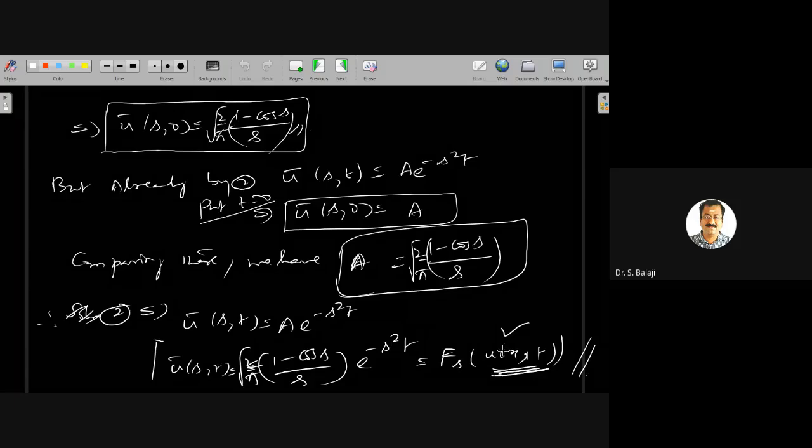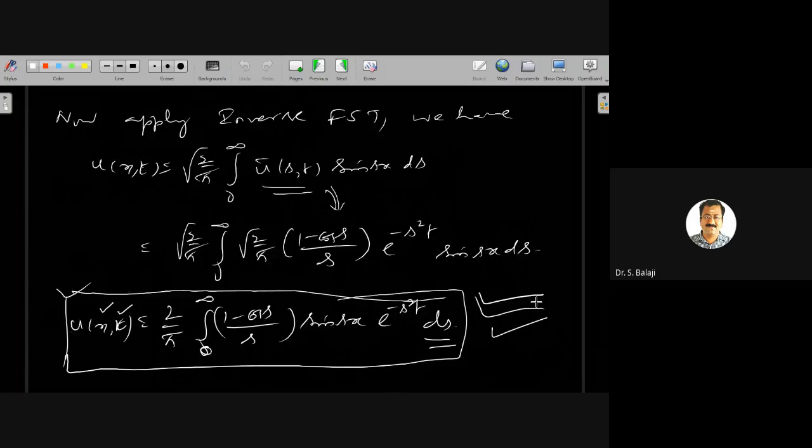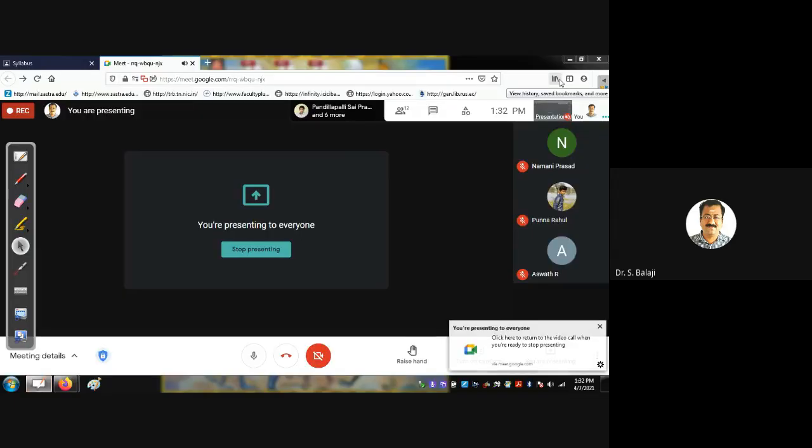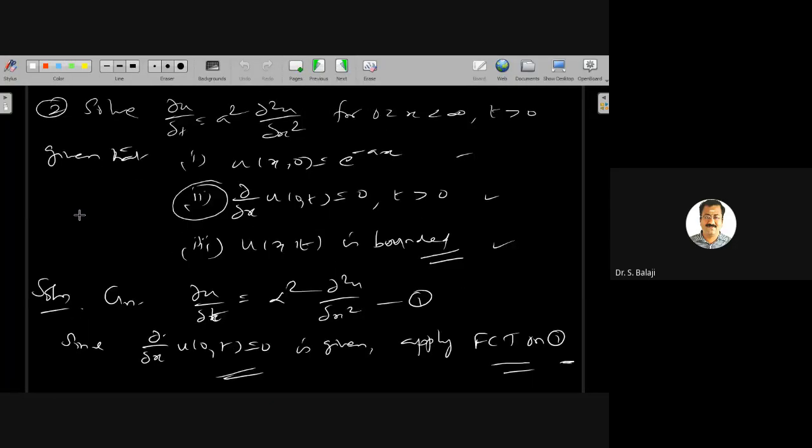Then to find u of x comma t, you have to take the inverse, that's all. Then the problem is over. This is the idea we can follow. I think all of you understand the idea. In the same manner, you take another problem here, and I think we can also easily get the answer.